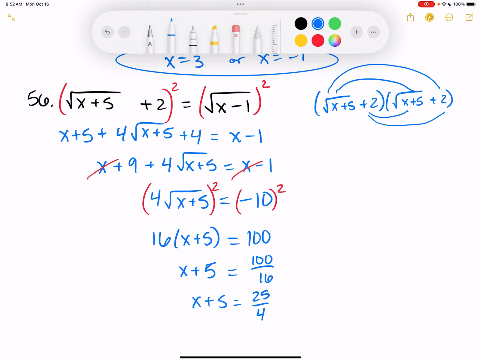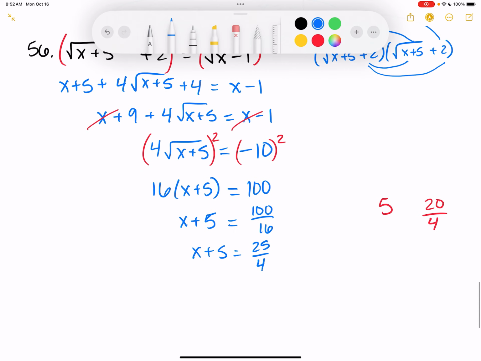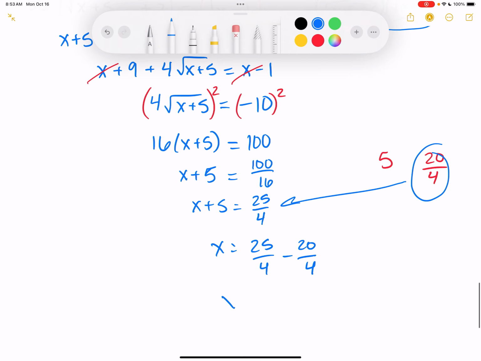Then I can subtract the 5, but since I want a common denominator of 4, I need to multiply the 5 by 4, so that becomes 20 over 4 when I subtract it. So x is equal to 25 over 4 minus 20 over 4, so x is equal to 5 over 4. And this one ends up only having one answer by the time it's all said and done.